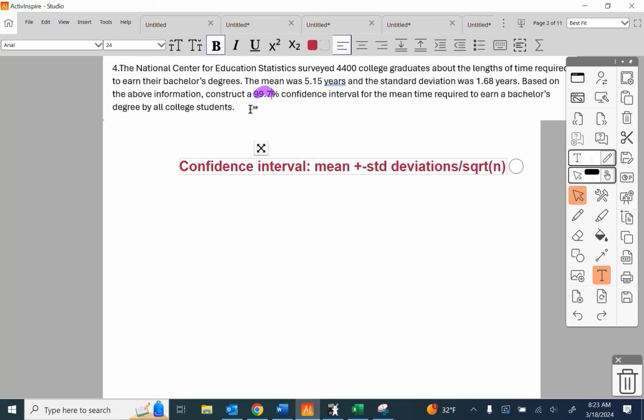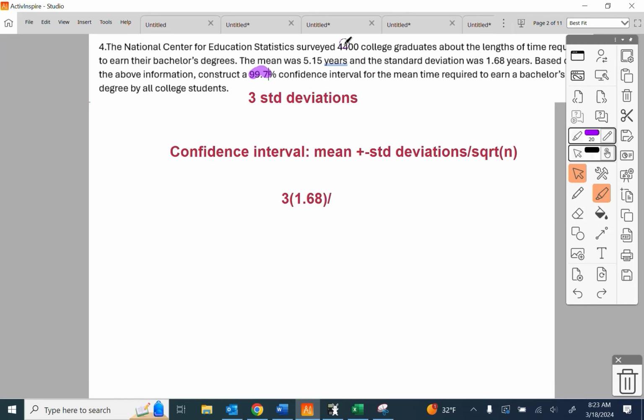Now 99.7% is 3 standard deviations. A mean of 5.15, standard deviation is 1.68. So 3 times 1.68 is going to be divided by the square root of the sample size, root 4400.